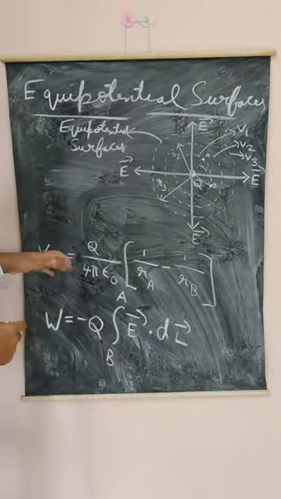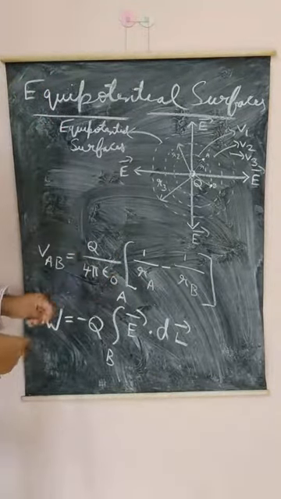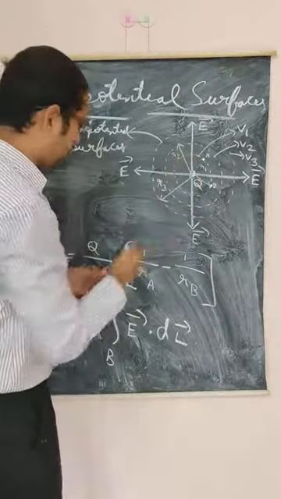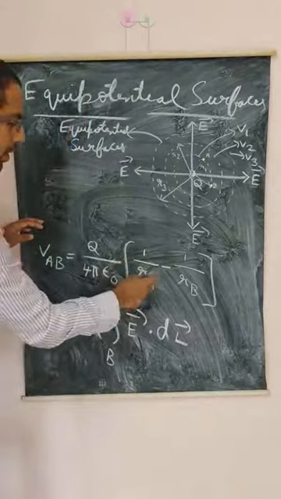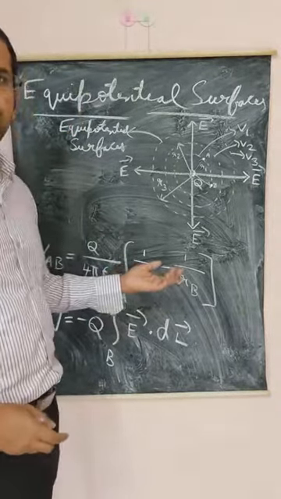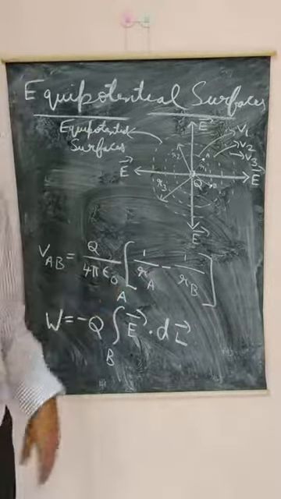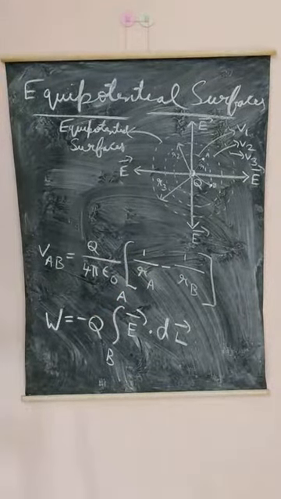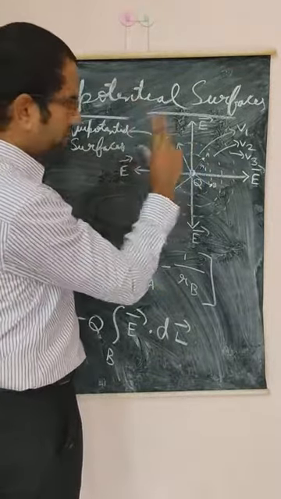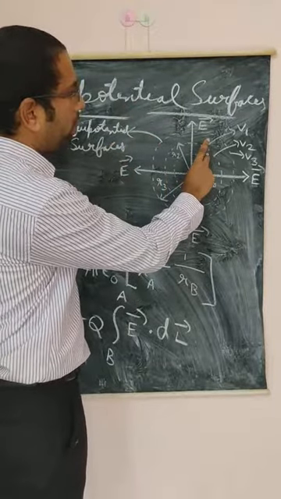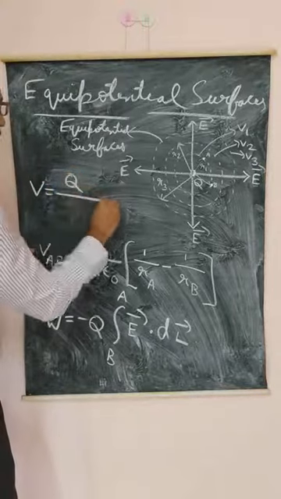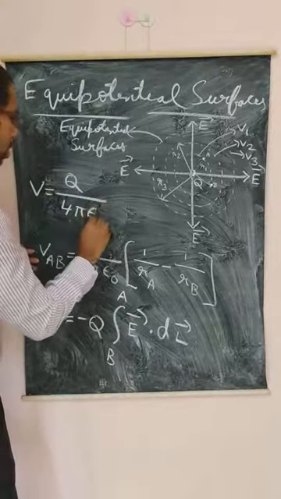Let me tell you exactly how this happens, by using this particular formula. Let's say RA is the terminating point, so this will be R1, 1 by R1 minus 1 by R1, which will be equal to 0. Now when we talk about the equipotential surface, if you take a voltmeter and keep one point at the origin, the formula will be V equal to Q by 4 pi epsilon naught R1.